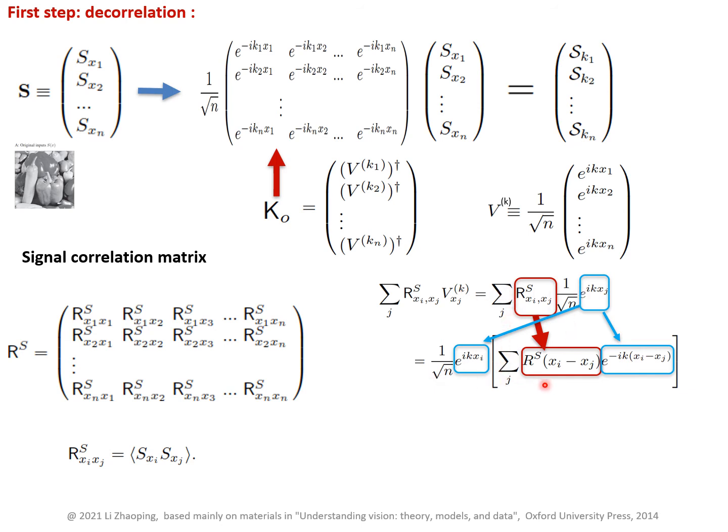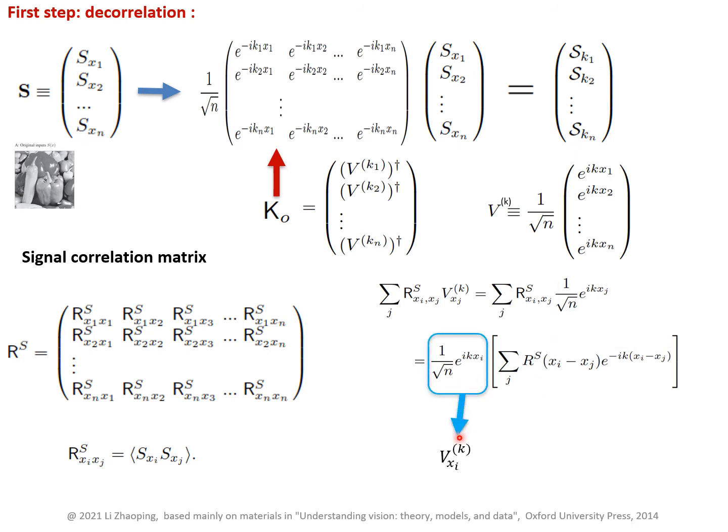And now we can see that this is exactly the ith element in this vector, because this is x_i, so it's the ith element. And this is a constant, because as a Toeplitz matrix, as you sum over j, it does not depend on what x_i is, because of the property of the Toeplitz matrix.